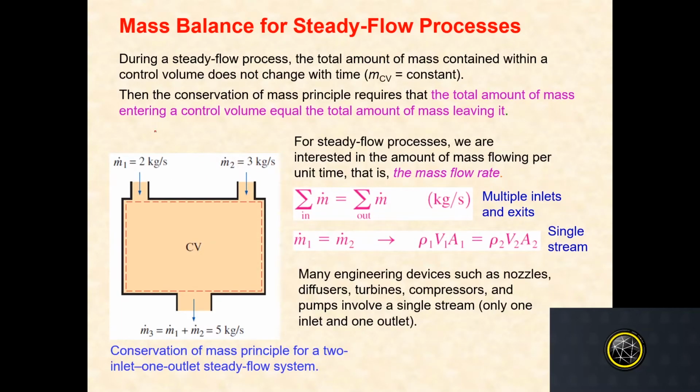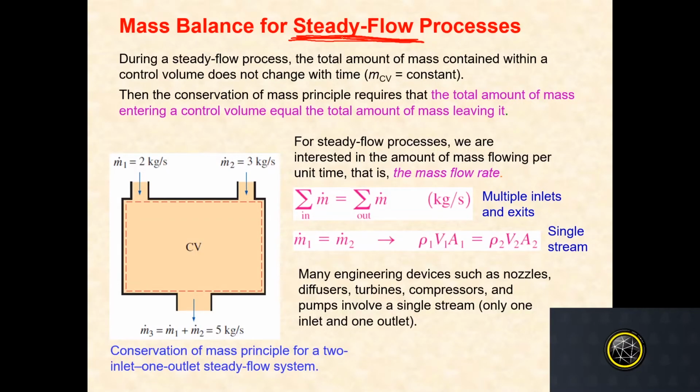And mass balance for steady flow process. Okay, so there's a keyword here. Basically, this term is very important. Whenever you see this term, something should come into your mind: it doesn't change with time. So when we say during a steady flow process, the total amount of mass contained within a control volume does not change with time.